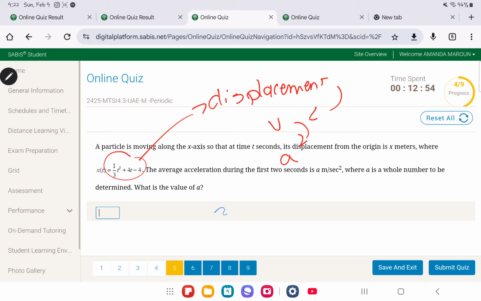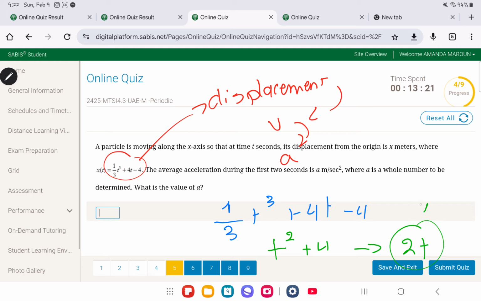So again, let us do it. It's going to be 1 over 3 t to the power of 3 plus 4t minus 4. You find the derivative, it's going to be t to the power of 2 plus 4. You find it again, it's going to become 2t.